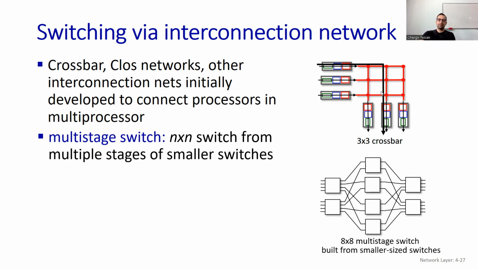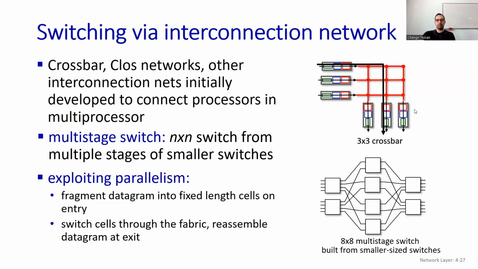So here you are actually connecting every bus with every other. If data from this port is going to this one, you turn on these parts so that you direct data from here to here. So this is what we mean by switches. Exploiting parallelism: fragment the datagram into fixed length cells on entry, switch the cells through the fabric, and reassemble the datagram at exit. Okay.